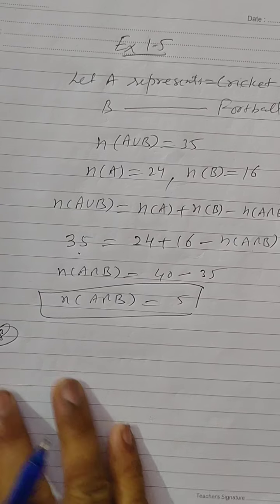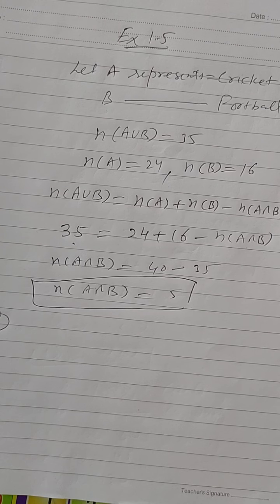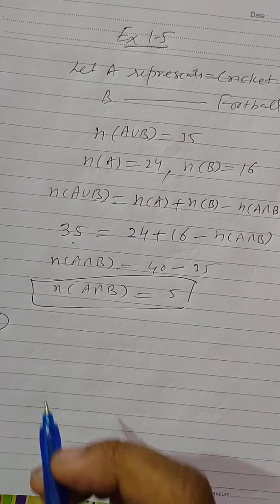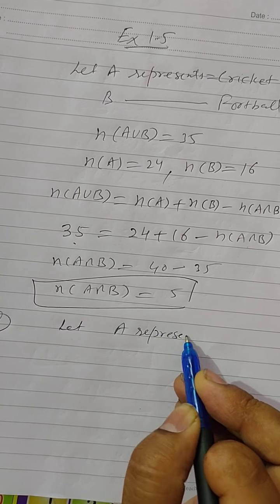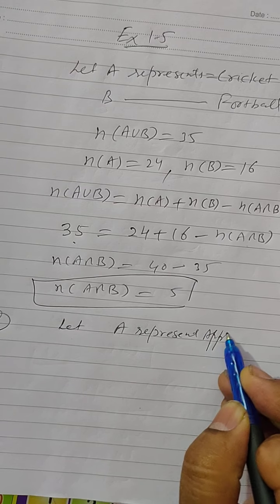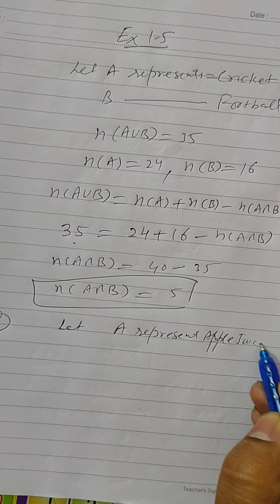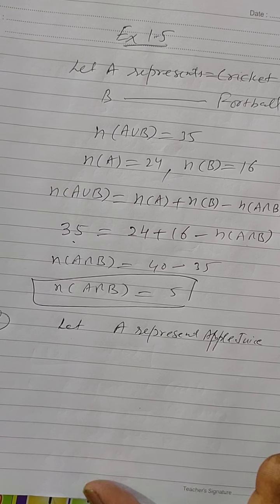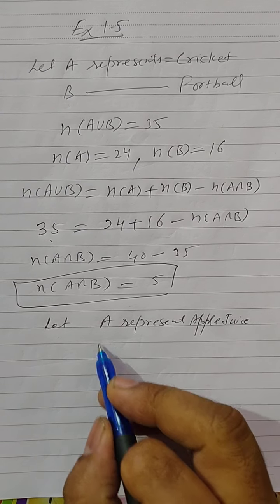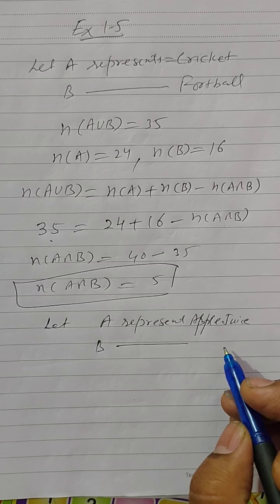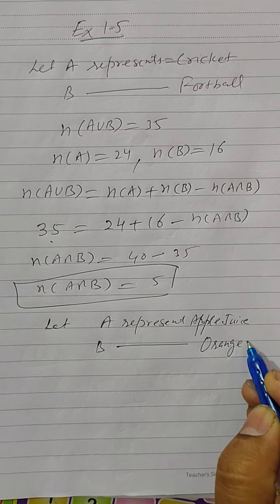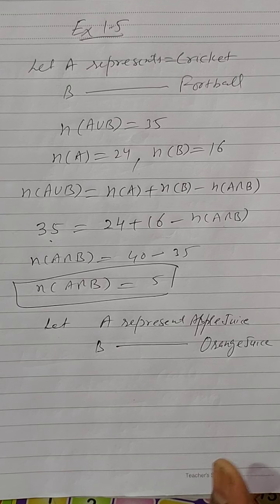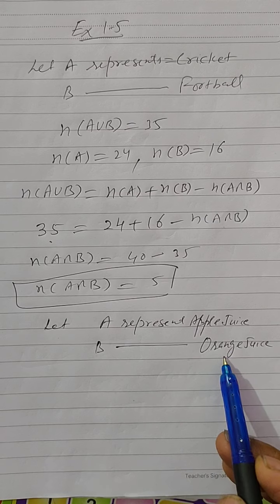8th question. In a survey of 400 students in a school, 100 were listed taking apple juice. Let A represent apple juice and B represent orange juice.